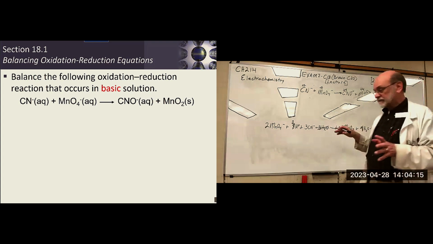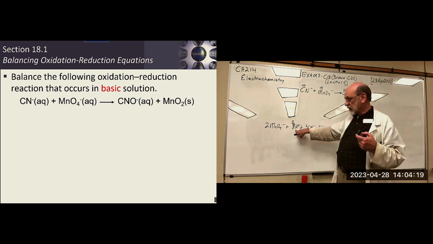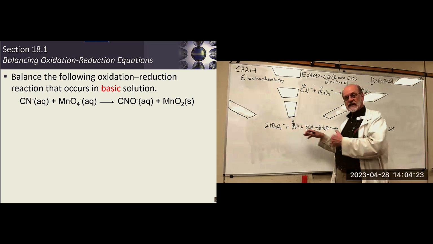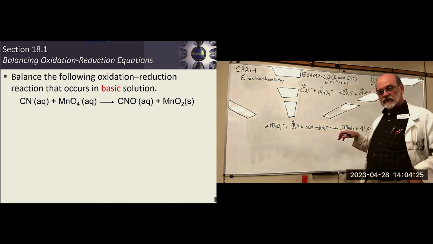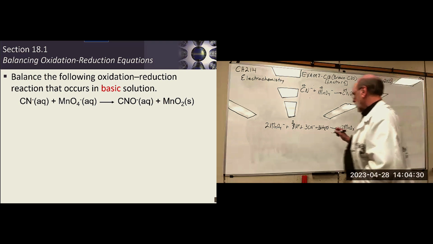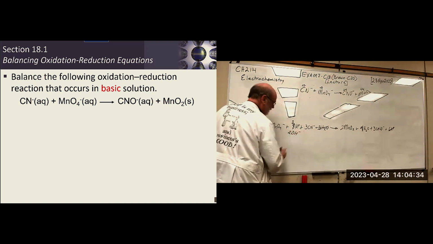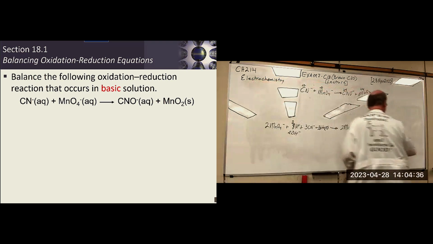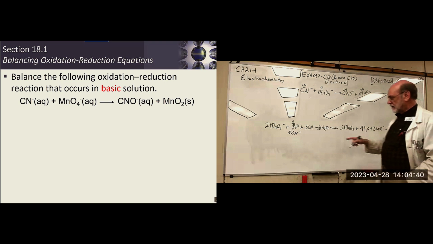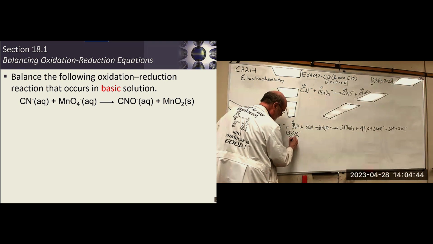Now, at this point, we're balanced for acidic solution because you got those protons. The next step changes this into a basic solution, and we do that by neutralizing the hydrogen ions. So I need to add 2 hydroxyls here and 2 hydroxyls here. Right, so this turns these into 2 waters.